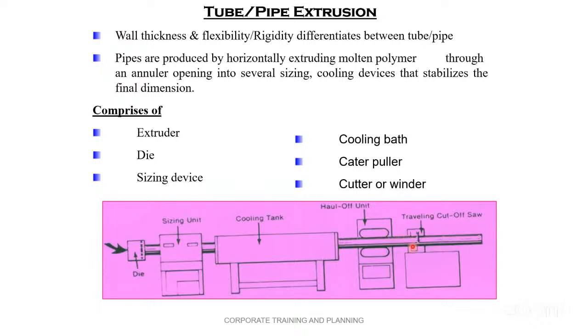After corona treatment, there may be labeling, or maybe a foot counter. How much footage you have manufactured in one shift. Therefore, there may be a footer, which will measure the length of the pipe production.